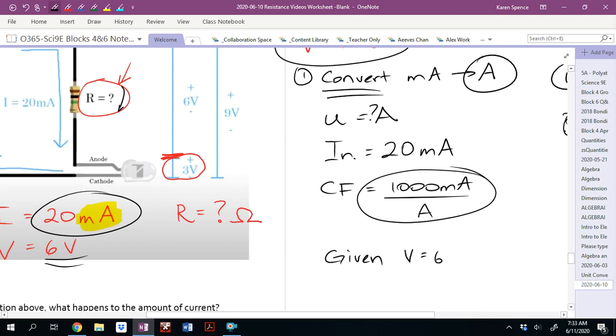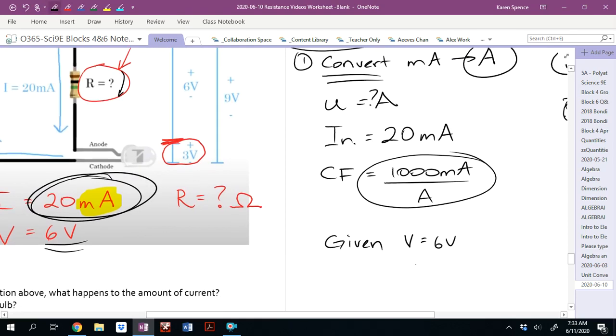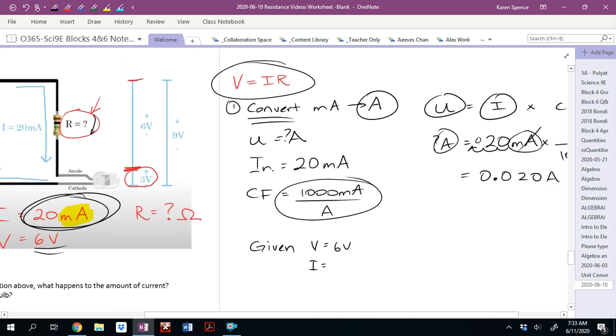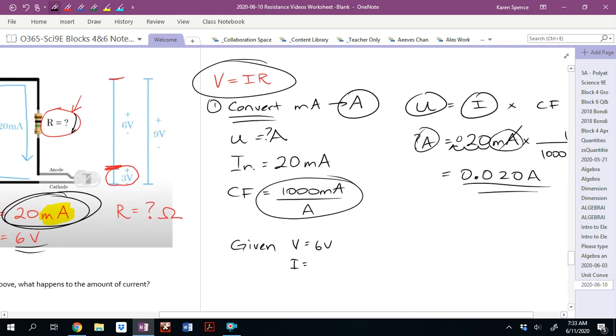So we're given V is equal to 6 volts. We are given I is 20 milliamps, which we now know is I equals 0.02 amps. And our resistance is our unknown, in ohms.